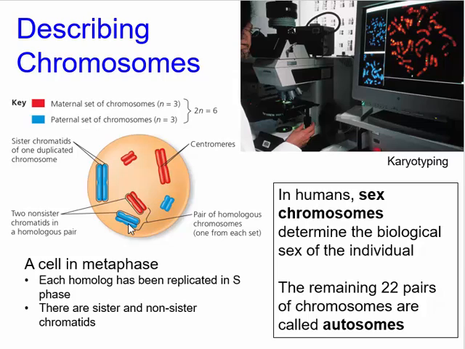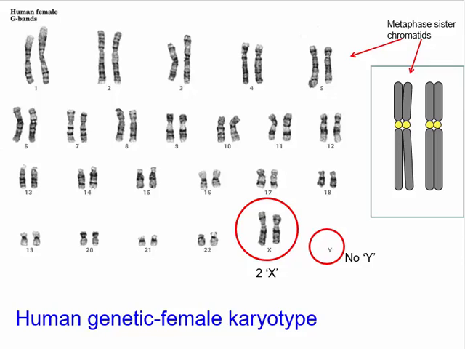All right, so we have a couple of names for the different kinds of chromosomes that we see. Almost all of them are called autosomes, but in many species, humans included, there are sex chromosomes that determine the biological sex of an individual. Here we have a human genetic female karyotype.